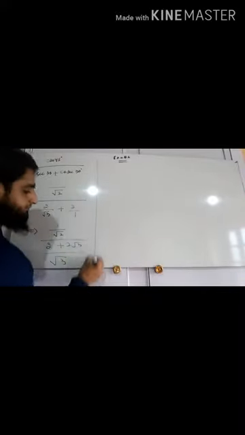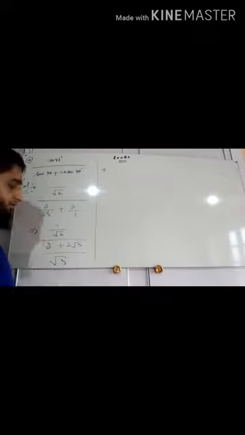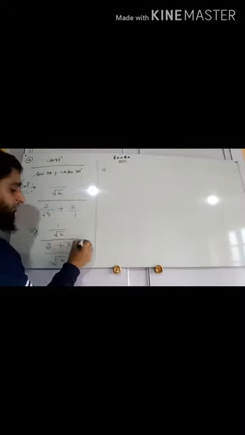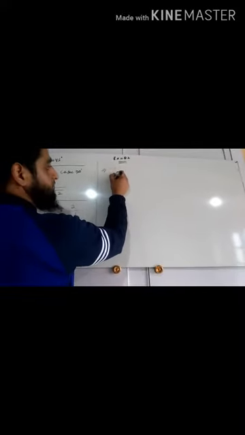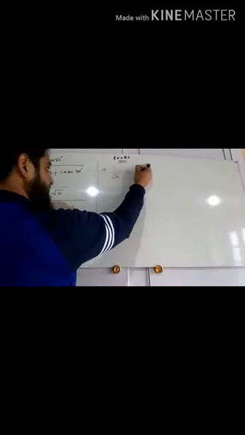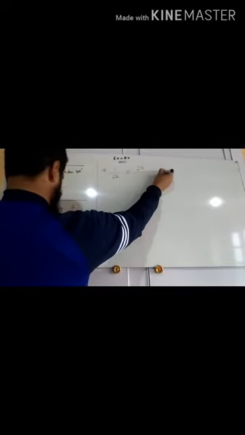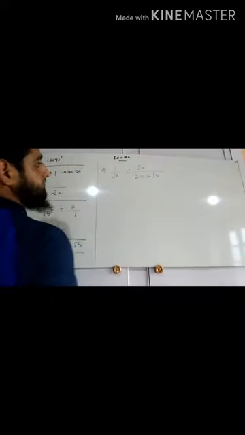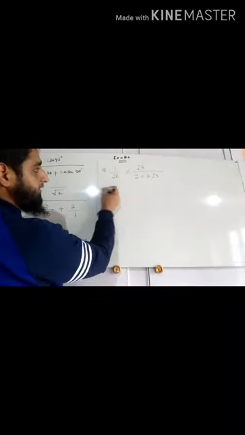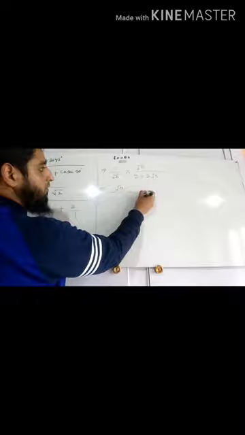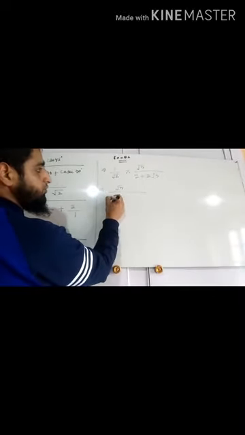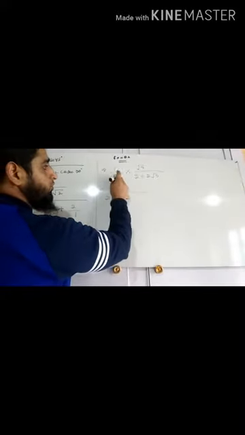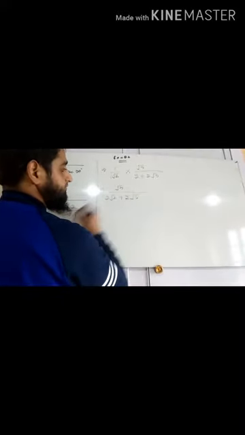After that, I will change this divide into multiplication. 1 by root 2 into root 3 whole divided by 2 plus 2 root 3. Now completed. It is root 3 whole divided by 2 into root 2, it's 2 root 2 plus 2 into 1 is 2, root 2 into root 3 is root 6.